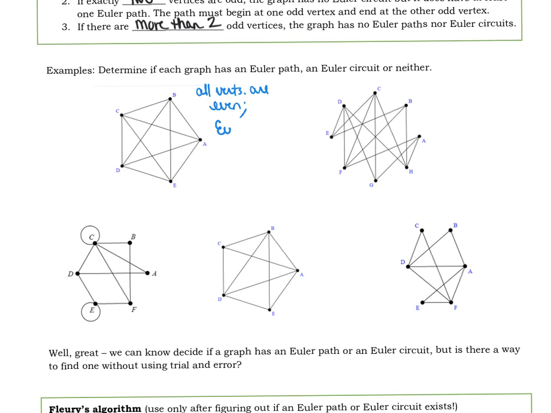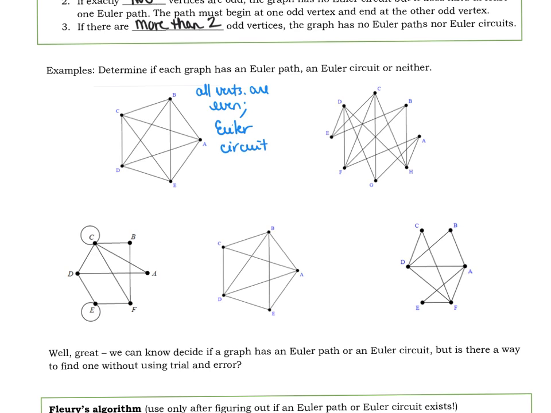So this definitely has an Euler circuit. We know that. And then we could start at any vertex and find one if I had asked you to do so in this example.